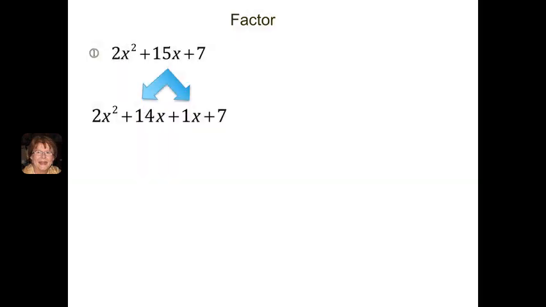That will give you 2x squared plus 14x plus 1x plus 7. So you decompose the middle term using those two numbers that you found. Do you recognize something now?